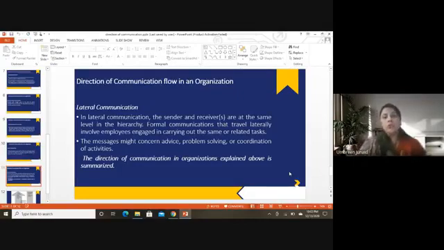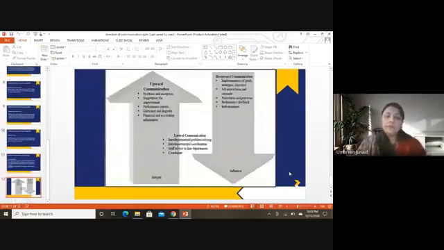They want to coordinate to solve the problems, to have advice from each other, and to make things easier in a way that the ongoing project that is to be started in a while will be smoothly handled. The direction of communication in organizations, as explained above, is summarized in this diagram.